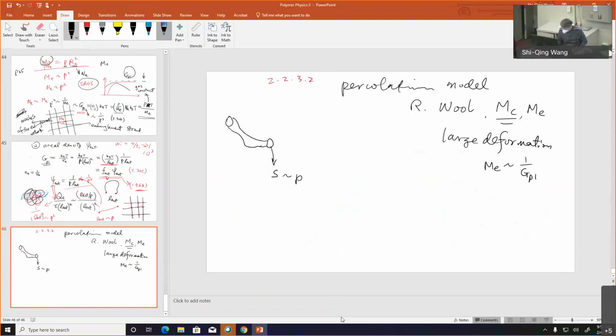So let's see how we can do that. We know if you have a chain, the physical volume is P R squared.